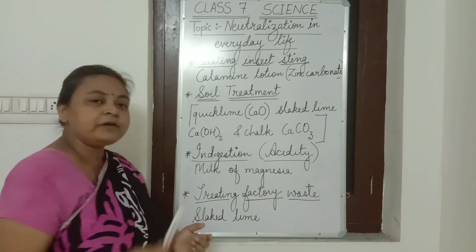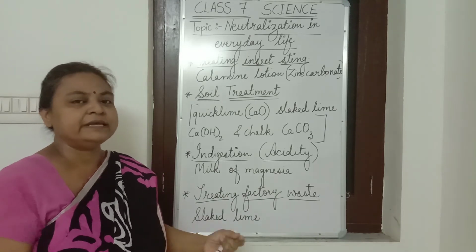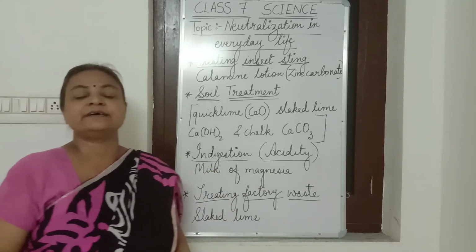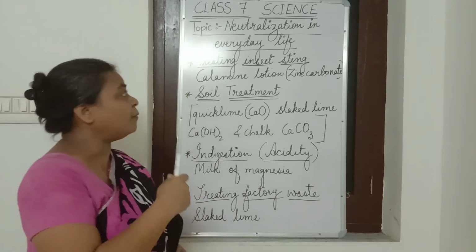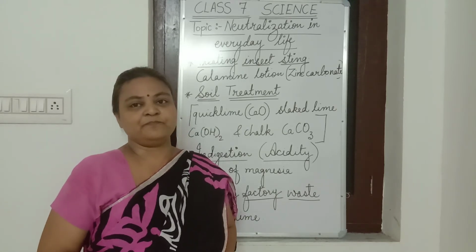So, before throwing this factory waste in the river or any other water body, it is treated with slaked lime, which again is a weak base. So these are some of the common uses of neutralization in our daily life.